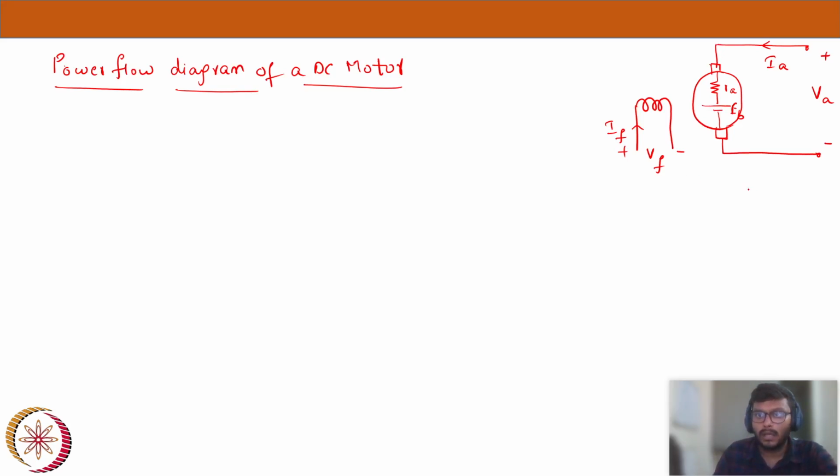So now, what is the input power we are giving? If you see, from the armature it is VA multiplied by IA, and from the field we have VF into IF. So that's the total input power we are supplying to our DC motor.